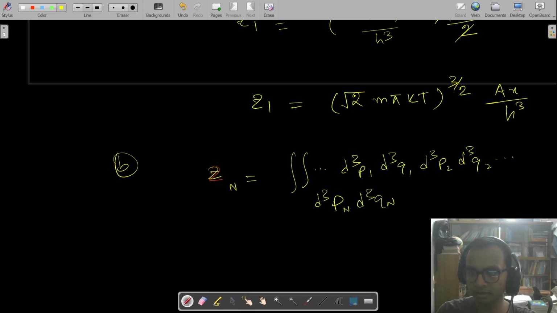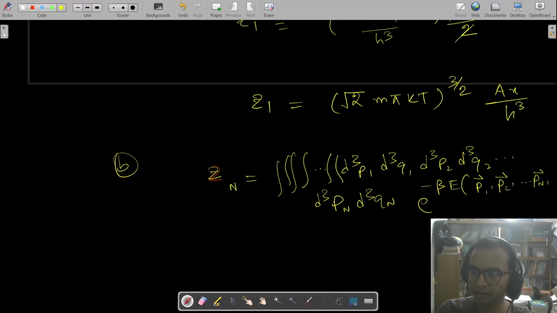So this is 2n number of volume integrals, and we'd have this factor as usual, and this thing would be dependent on P1, P2, Pn.